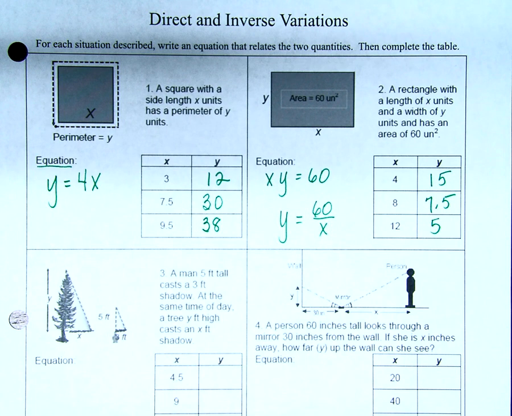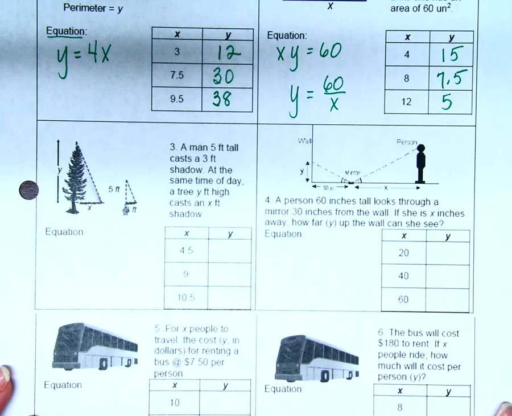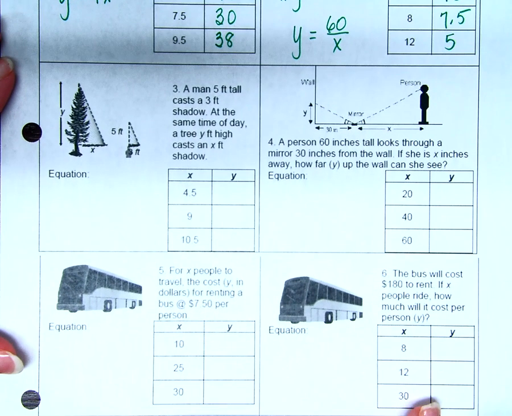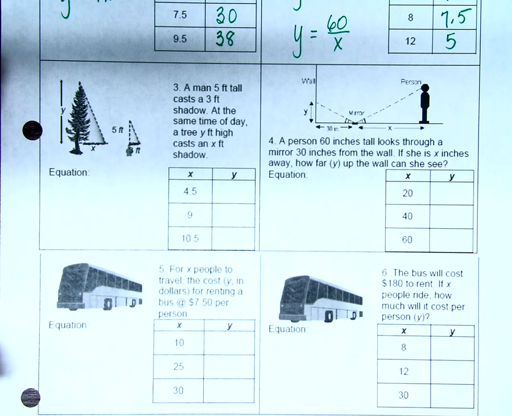Okay, so far? Okay. A man 5 feet tall casts a 3-foot shadow. At the same time of day, a tree y feet high casts an x foot shadow. How are we going to set that up? Oh, like a proportion? Okay.